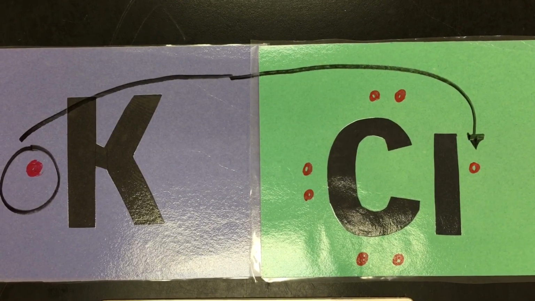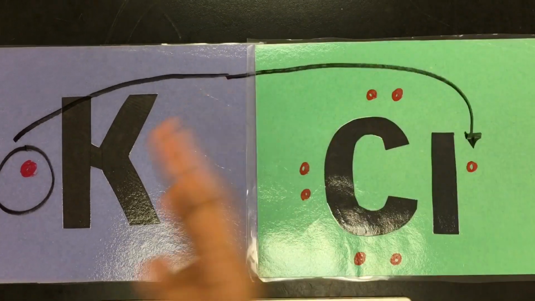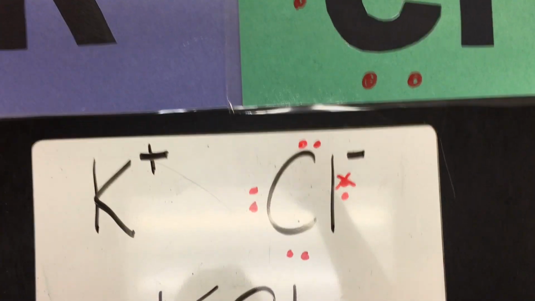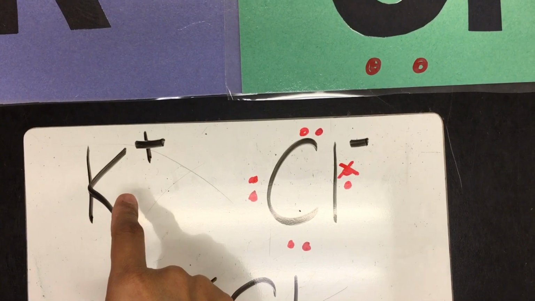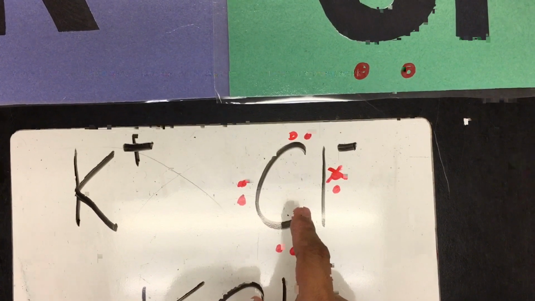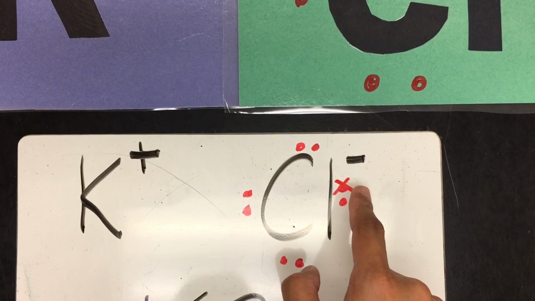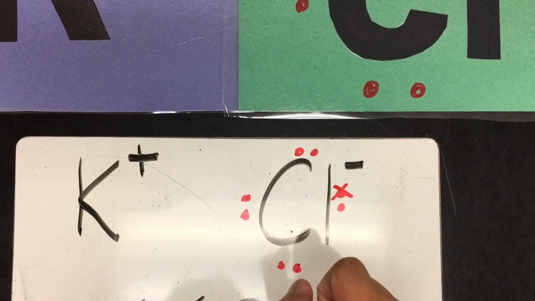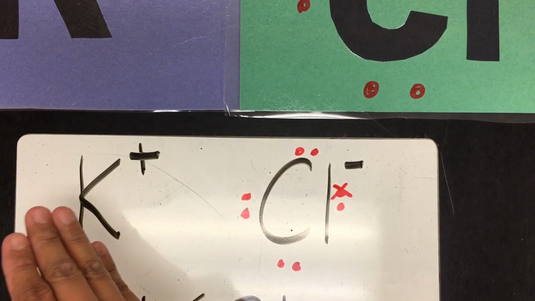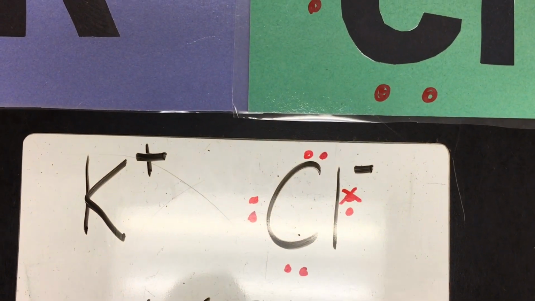So now that we know how the transfer of the electrons occurs between potassium and chlorine, because potassium can lose 1 electron and it becomes K plus, and Cl will need only 1 electron, so its charge is 1 negative. Therefore, we can already generalize what the ratio between K and Cl is to make a stable ionic compound.